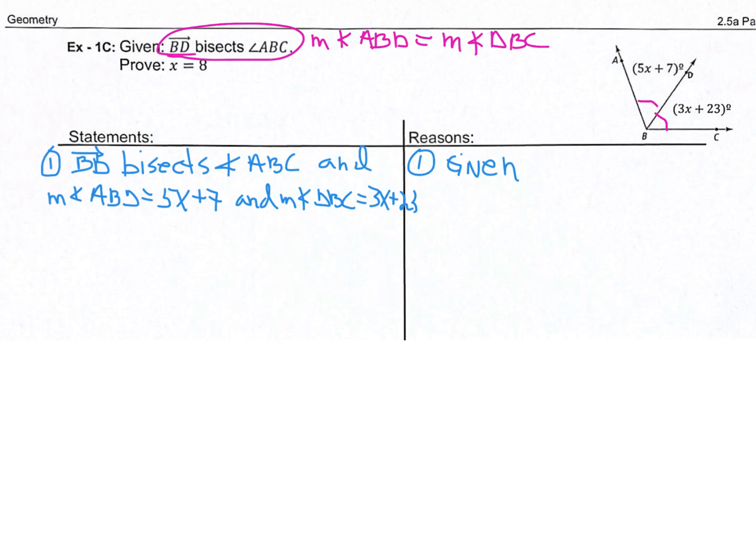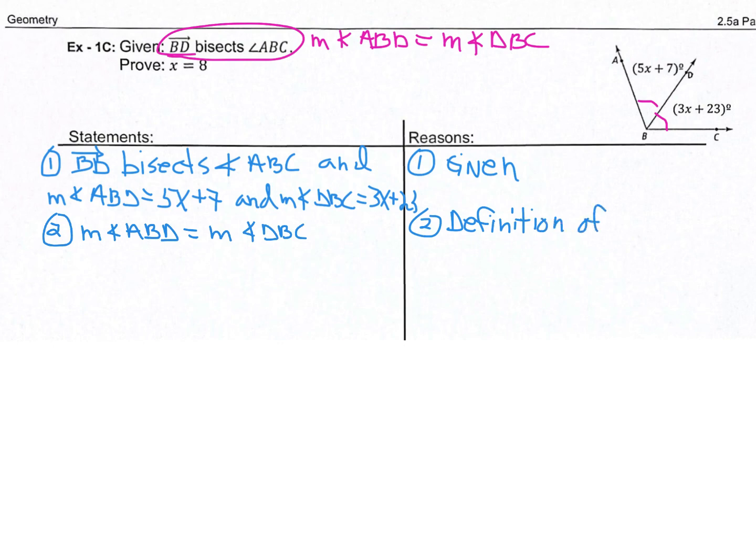All right, so then step 2 is our conclusion from step 1 that the measure of angle ABD is exactly equal to the measure of angle DBC. Your reason is definition of angle bisector.